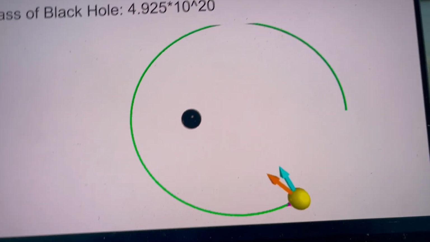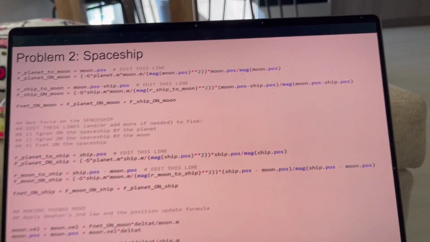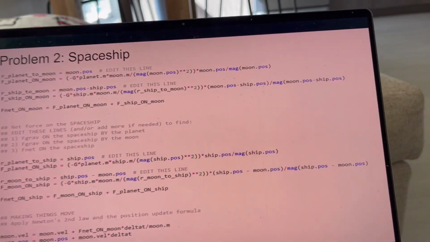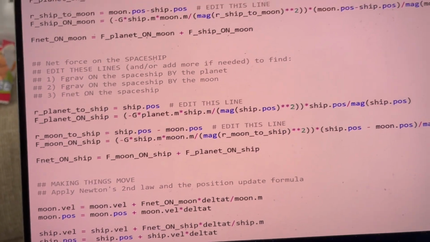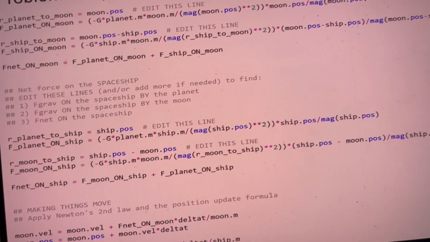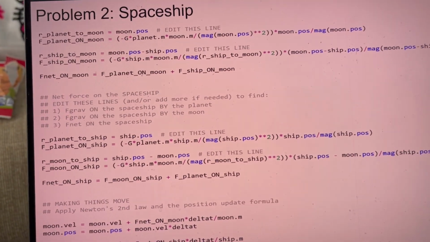And that's just the little animation there. Now for the spaceship, you just have to find the position vectors all relative to each other and do the force of gravity calculations to find the combined force of gravity, which is the net force, on both the spaceship and the moon.